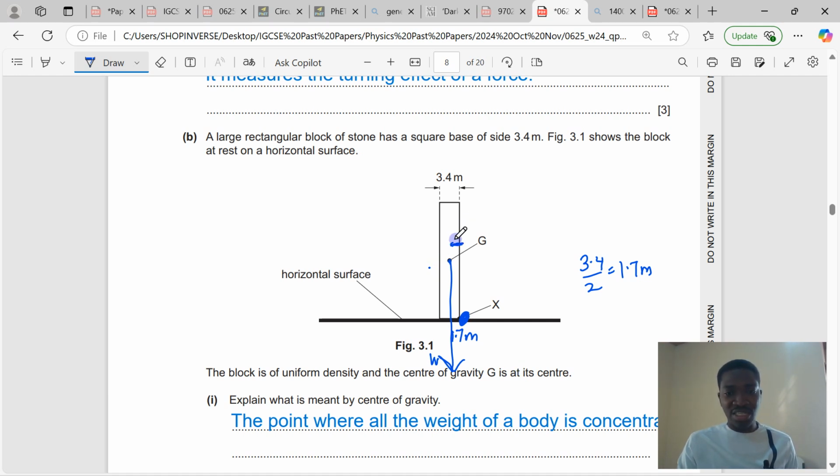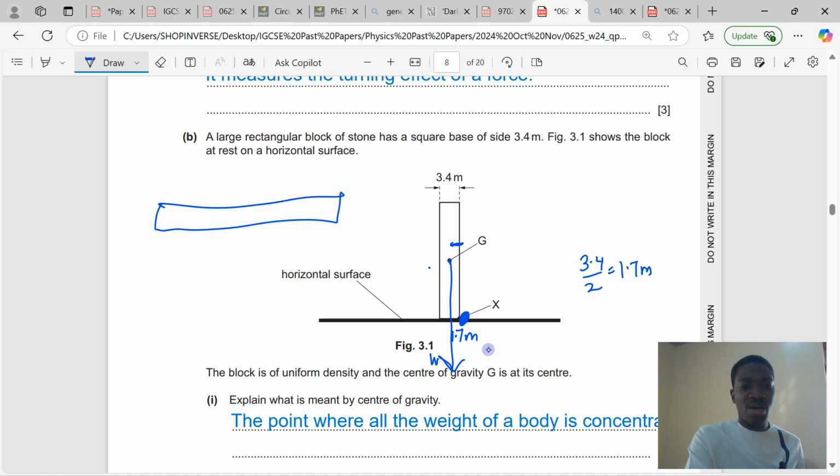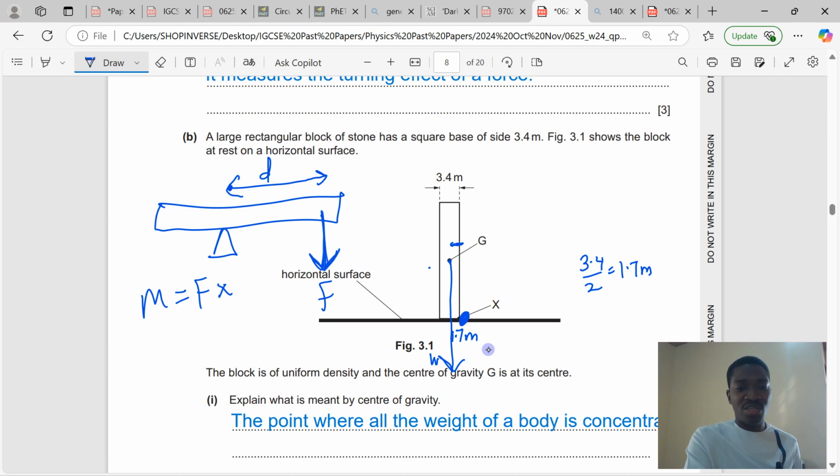Yes, that will be the perpendicular distance. Don't forget, if you have a beam and we have a pivot here, and then we apply a force of F here, and the distance between that force and the pivot is given by small letter d, then the moment of that force will be the force multiplied by the perpendicular distance between the line of action of that force and the pivot.